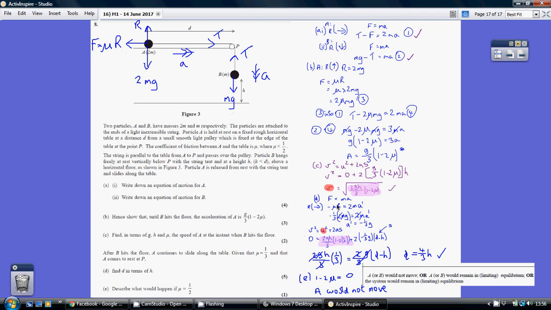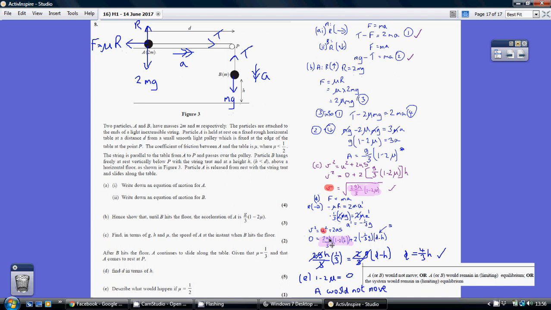So then substituting in that mu is a third, and obviously my normal reaction is 2mg.